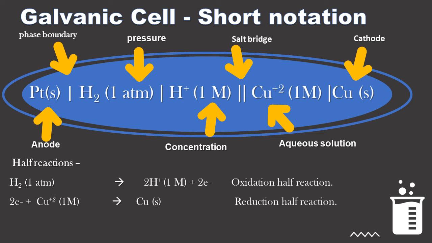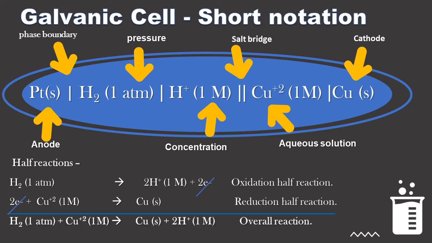So Cu2+ ions will gain 2 electrons and form solid Cu. This is the reduction half reaction. The overall reaction will be H2 plus Cu2+ giving solid Cu plus 2H+ ions. So this is the overall balanced reaction for this galvanic cell.